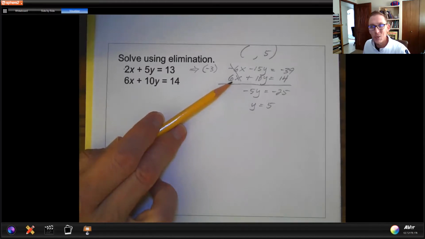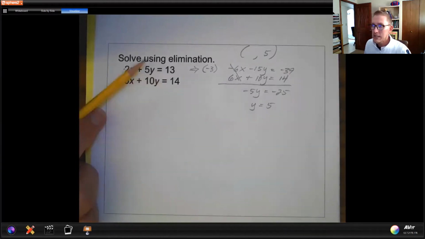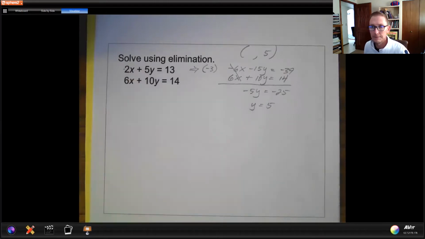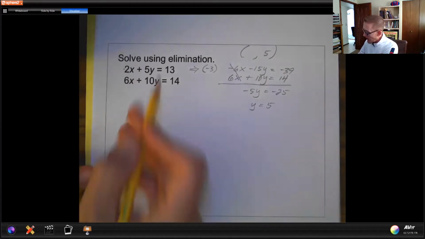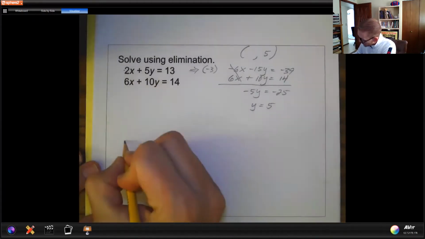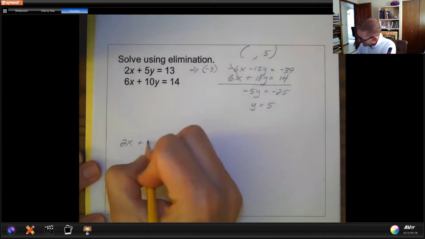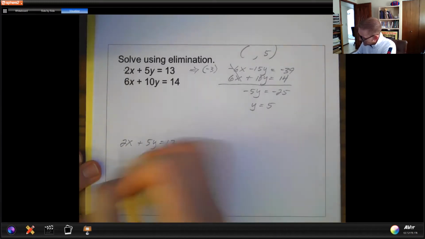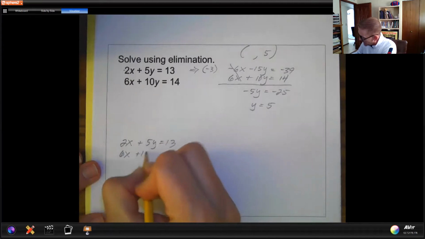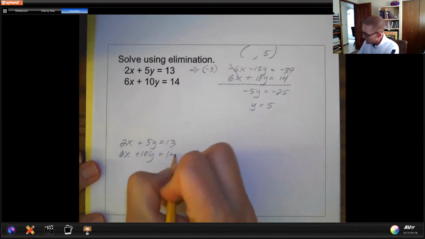So what I want to do for this second half of the problem is let's eliminate the y's. What could I do to this first equation so that the y's would eliminate? I would multiply this top equation now by -2, because if I multiply by -2, the y's could now eliminate. So I'm going to rewrite the problems down here. Now, you absolutely don't have to do this, but I'm going to just so we can see it visually.